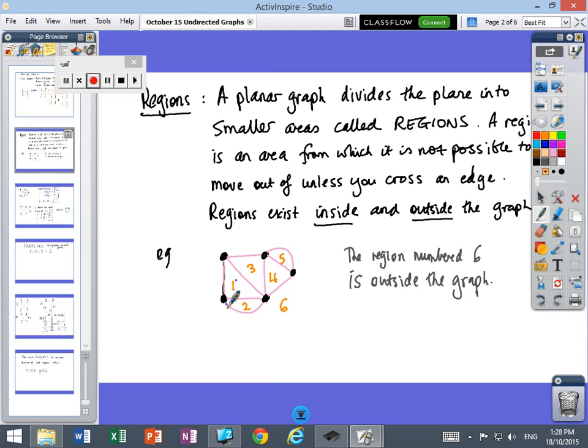However, in addition to those that are bound by edges, there is a 6th one, which is the region that's outside. So the key bit of information is that there are 5 internal regions and 1 outside. So we would say that this particular graph has 6 regions. I suggest you make a note of that as well.